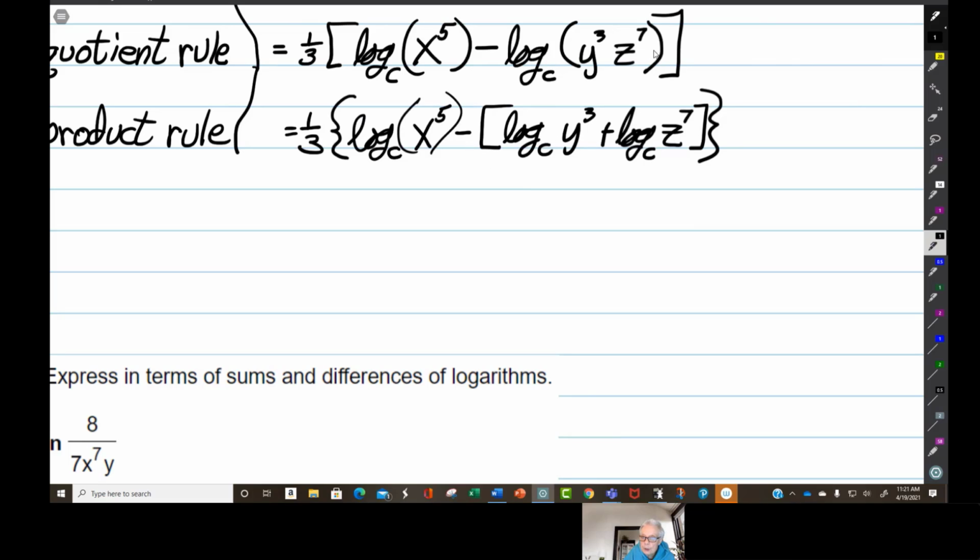This stuff has just had the product rule applied to it. So there's a plus sign there, but that minus sign is going to act on all of it. So we have to be very careful. See, here it's actually important because this 1/3 is waiting to act on all of it, but that's the very last thing that we need to do.